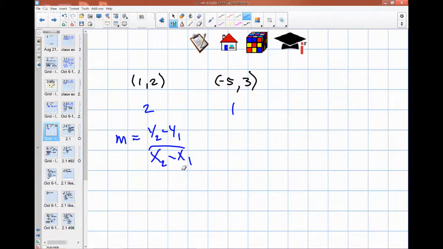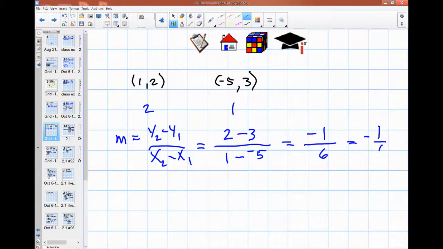Okay, so in this case, now what's the y-coordinate from point 2? 2, minus the y-coordinate from point 1, 3, over the x-coordinate from point 2 minus the x-coordinate from point 1, sorry. So on top, we get a -1. At the bottom, when you subtract the negative, you wind up adding.